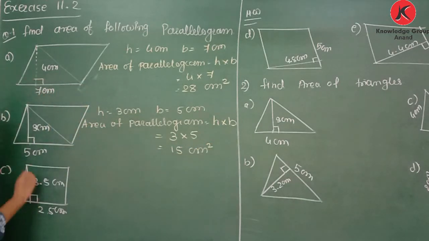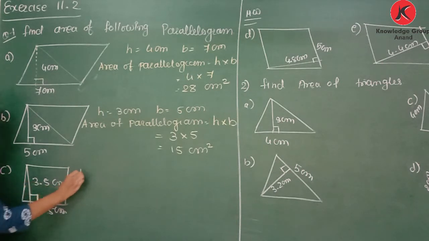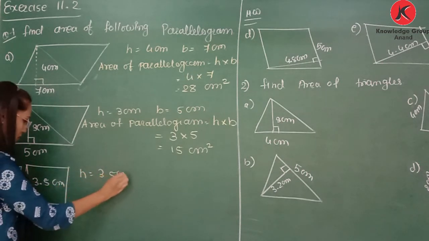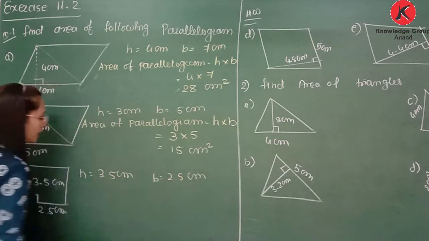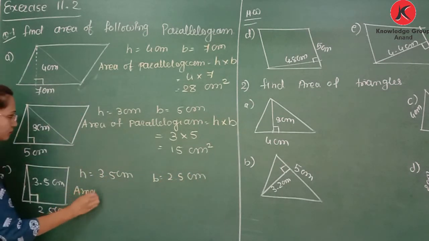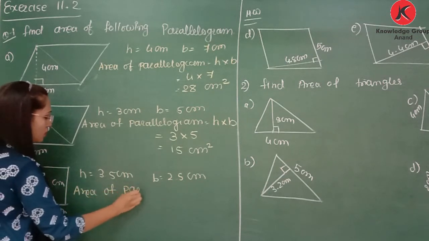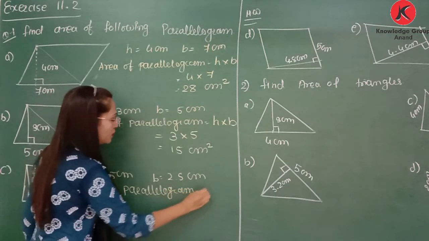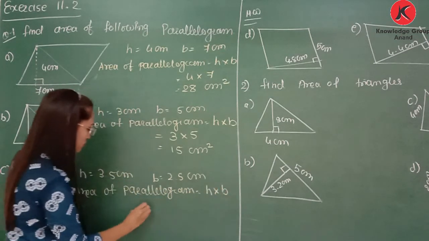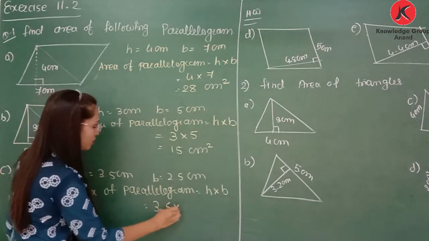Now for the next figure, this is the line that makes a perpendicular distance. So 3.5 will be the height and the base will be 2.5 centimeters. Again we write the same equation. Area of parallelogram is height multiplied by base, 3.5 multiplied by 2.5.